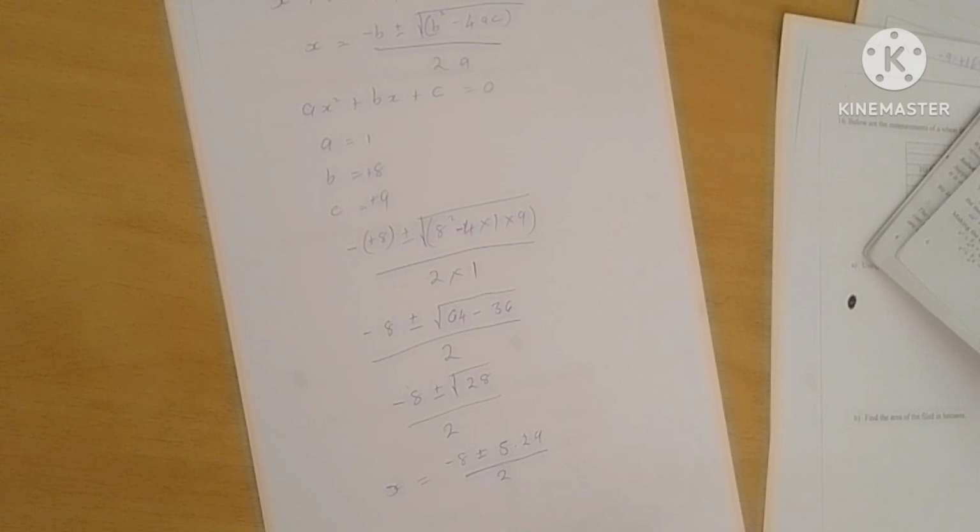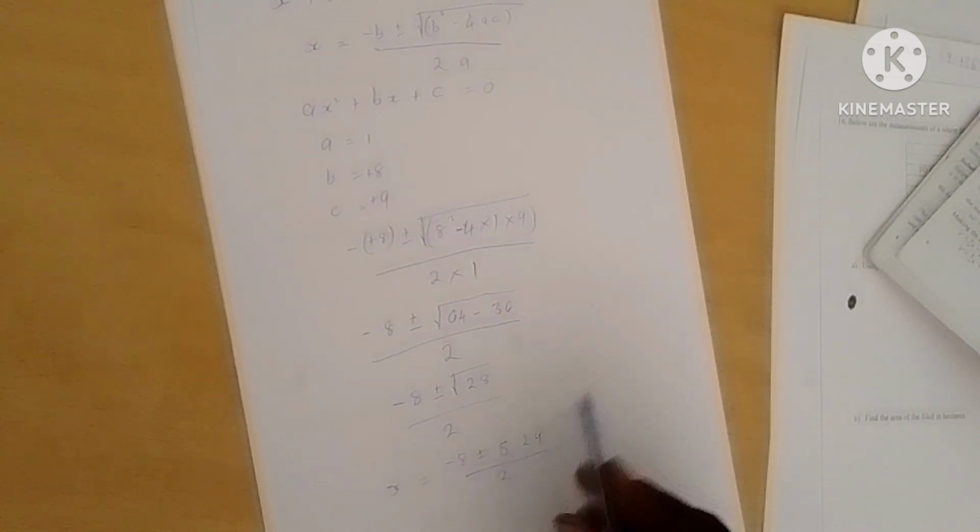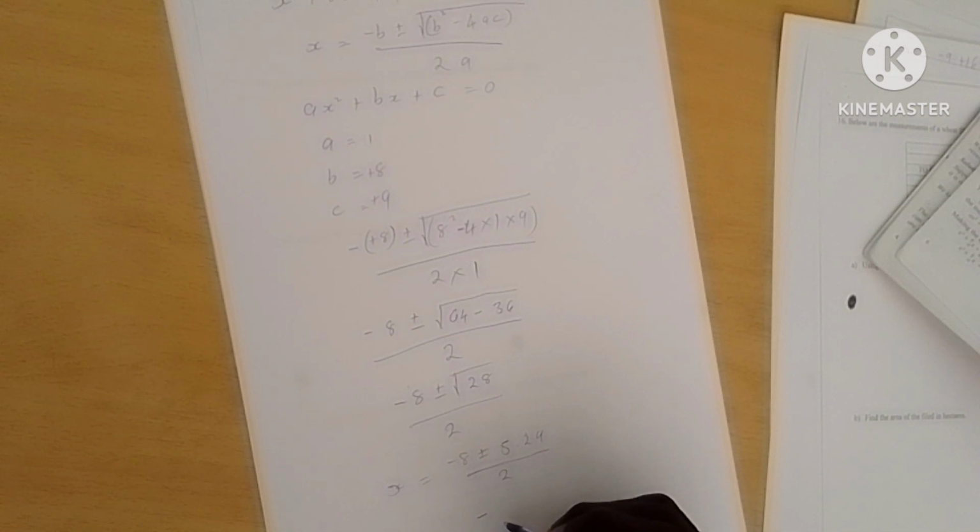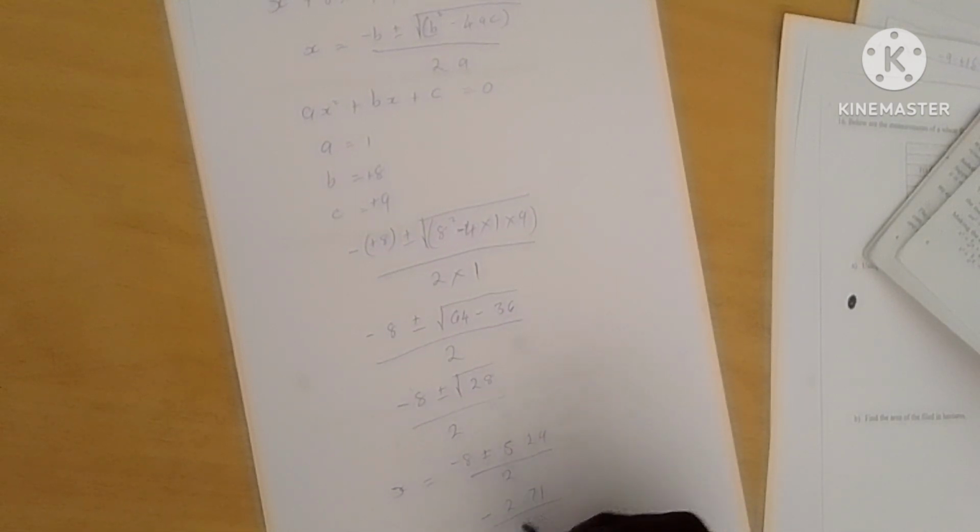So we're having negative 8 plus 5.29, and that will give us a negative 2.71, then divided by 2, and the answer we're going to get will give us a negative 1.355.